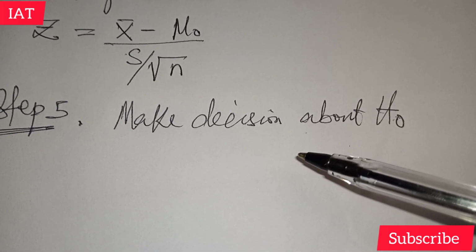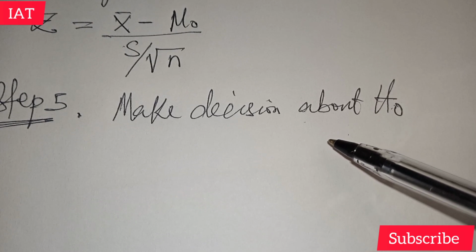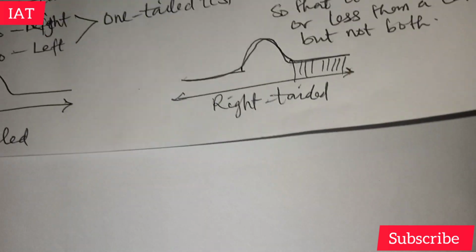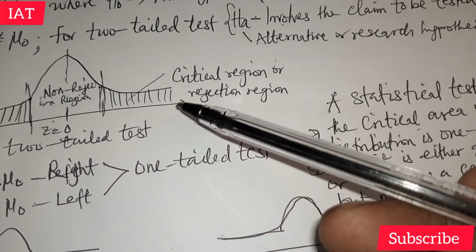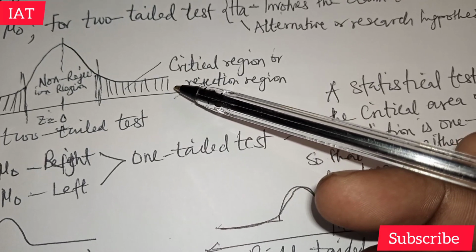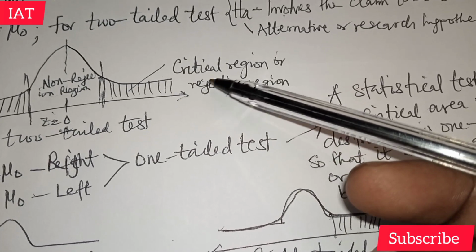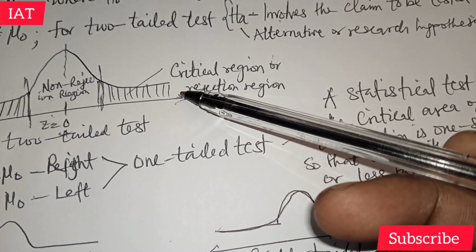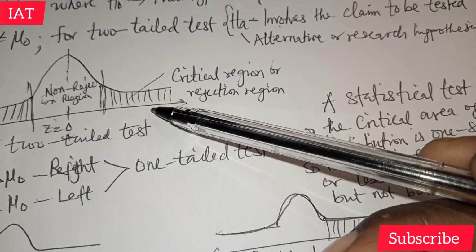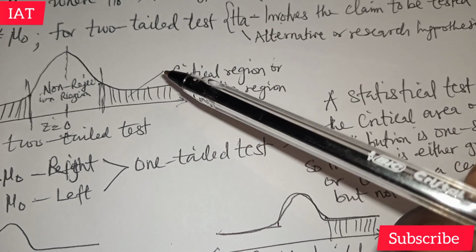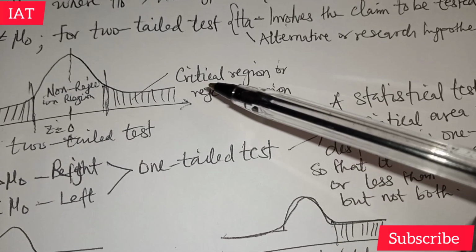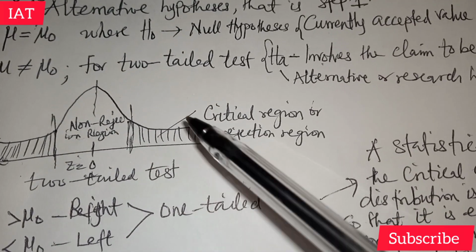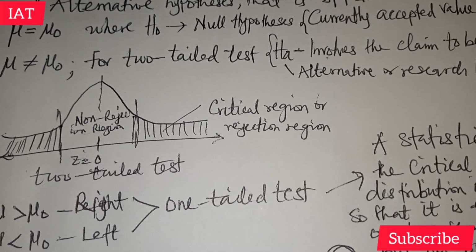If the calculated value of the statistic falls in the critical region, we reject the null hypothesis and accept otherwise. If the calculated value of the statistic is equal to the tabulated value, we reserve judgment and take more samples. That's how we do the judgment.